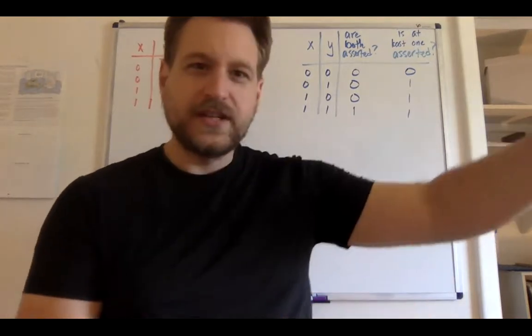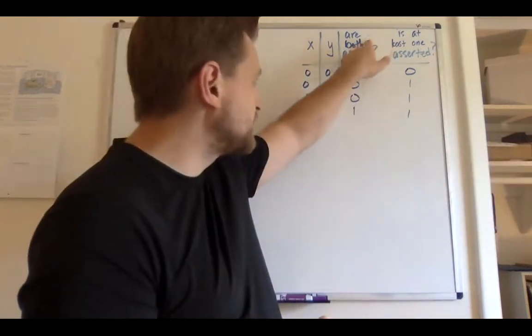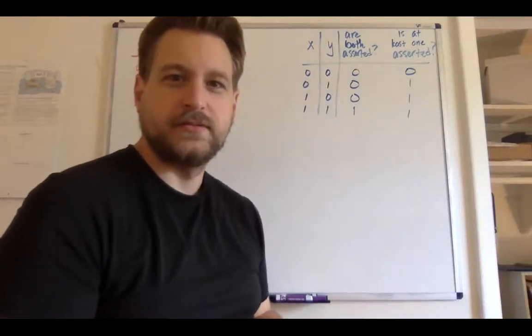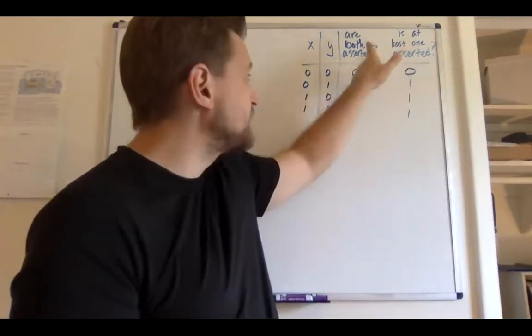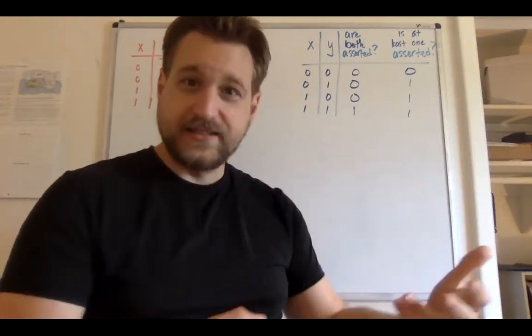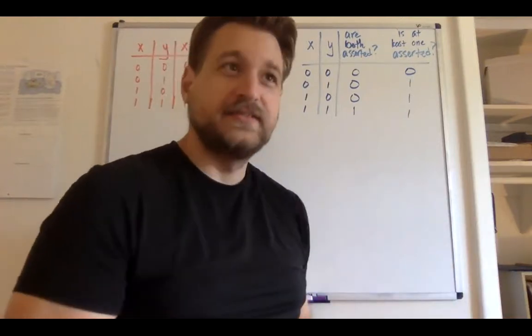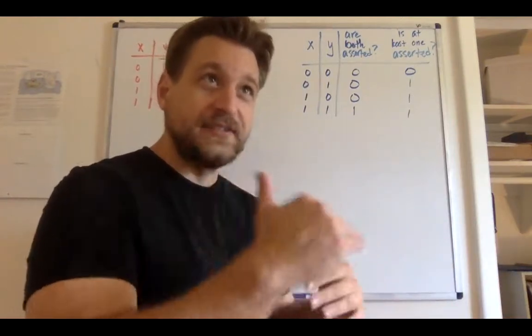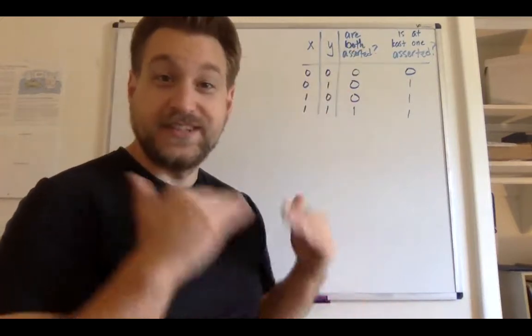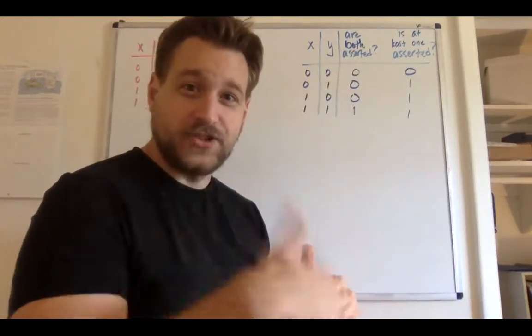And later, we could say, is the answer to this question 0 or 1? Is the answer to this question asserted, representing the answer yes? Is the signal that represents the answer to this logical question asserted, showing yes?